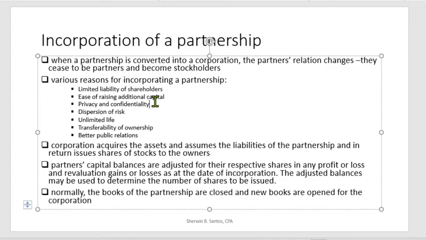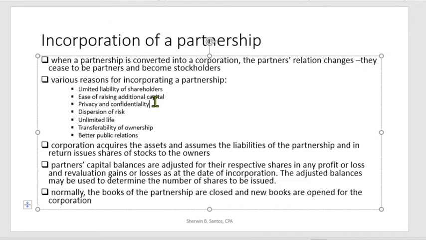Next, transferability of ownership. Once a shareholder decides not to engage in the corporation or a shareholder dies, the ownership on the stocks can be transferred. Unlike in the partnership na madidissolve pa yung partnership at magke-create uli ng panibago. Next, better public relations.